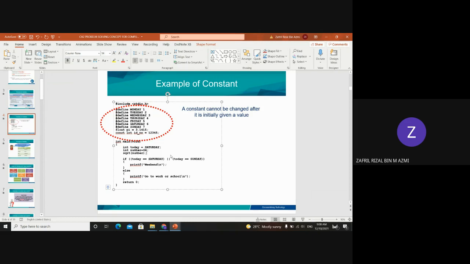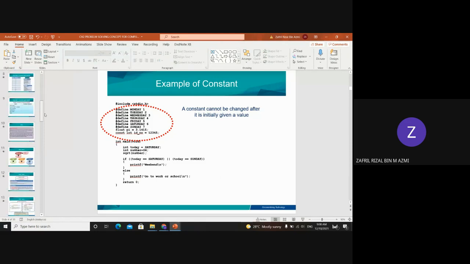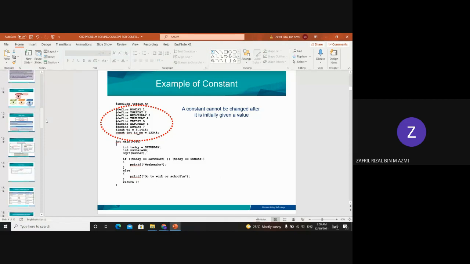So it will calculate the square root for number. So this is how you call a function. Okay class, can? Don't get confused just yet because we are not yet in the programming part, this is just to show you an example.